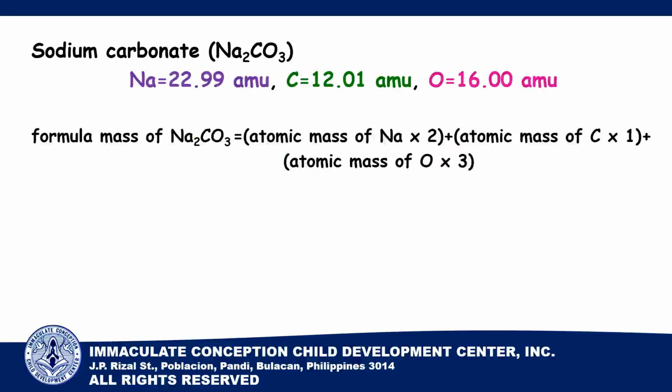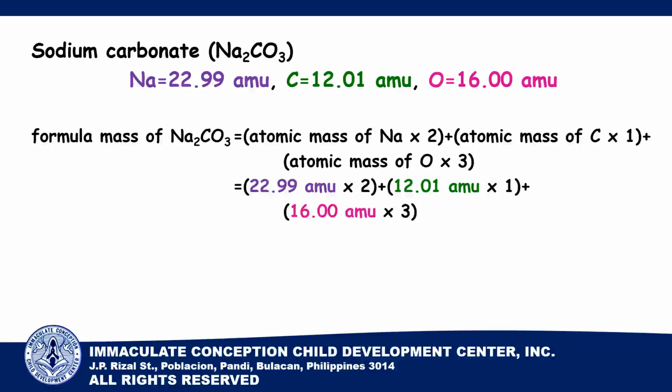Next, let's identify the formula mass of sodium carbonate. That is the atomic mass of sodium multiplied by 2, plus the atomic mass of carbon multiplied by 1, plus the atomic mass of oxygen multiplied by 3.